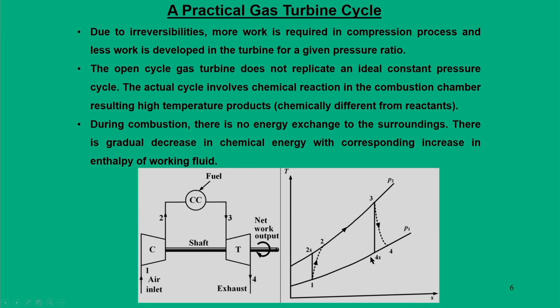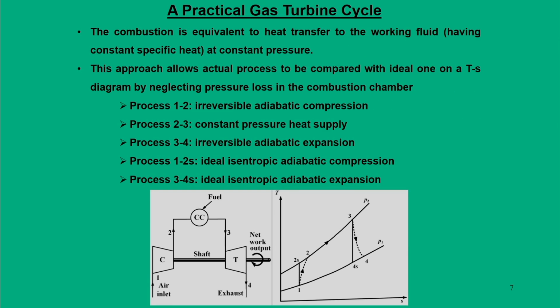Now, with this summary, we are going to discuss the ideal gas turbine cycle and the typical processes. Process 1 2 is irreversible adiabatic compression, process 2 3 is constant pressure heat supply, and process 3 4 is irreversible adiabatic expansion.